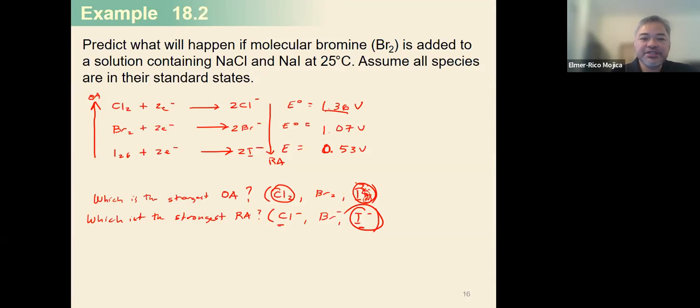Okay, now let's go to the question here. Predict what will happen if you have Br2 that is added to a solution that contains Cl minus and I minus.